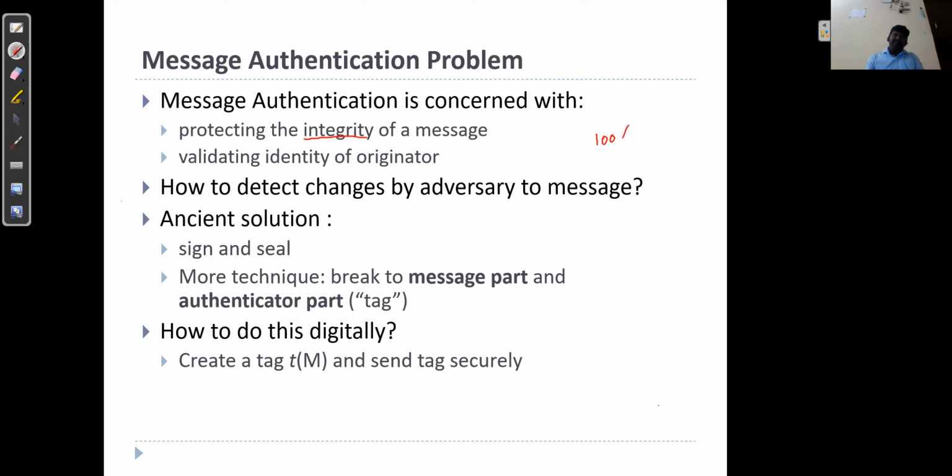It has to be delivered 100% as it is, without any modification, changes, delay, attack, interruption, or replay. This is integrity, and we also need to ensure that the message is coming from an authenticated user, the identity of the originator. So this again stands for authentication.